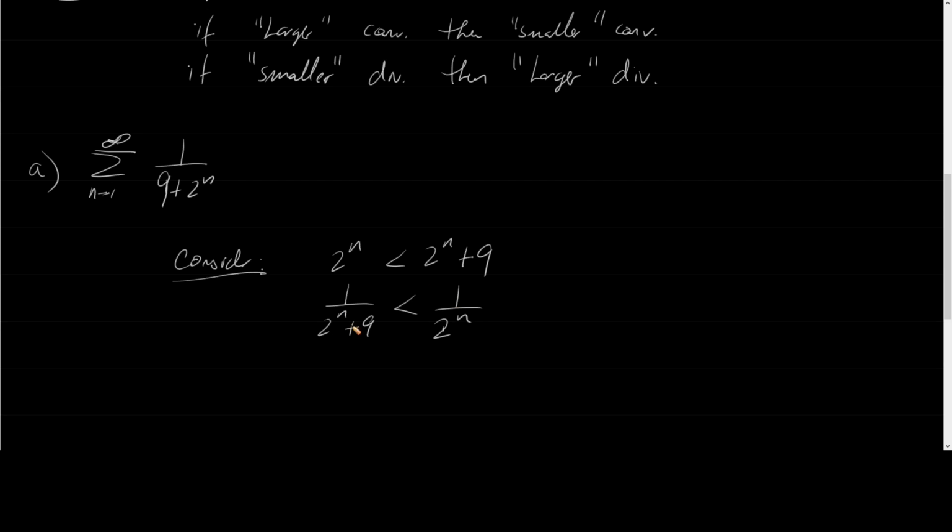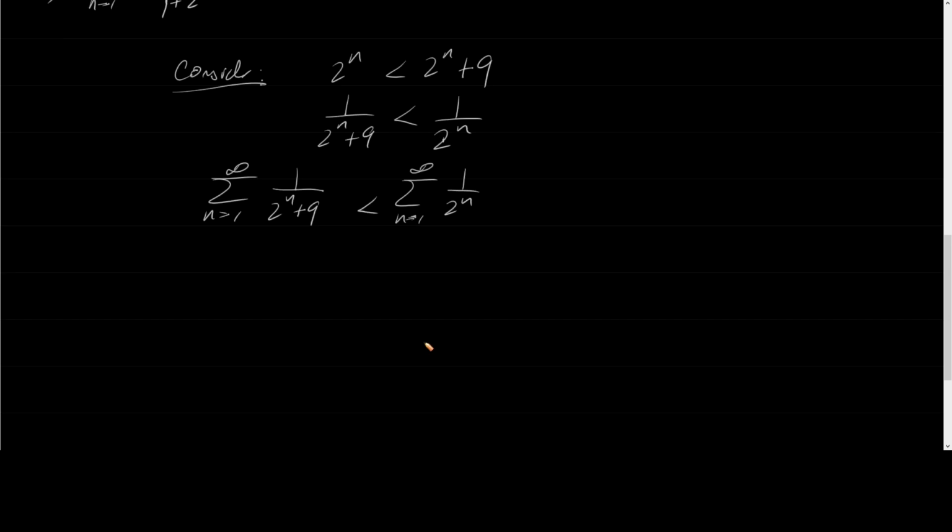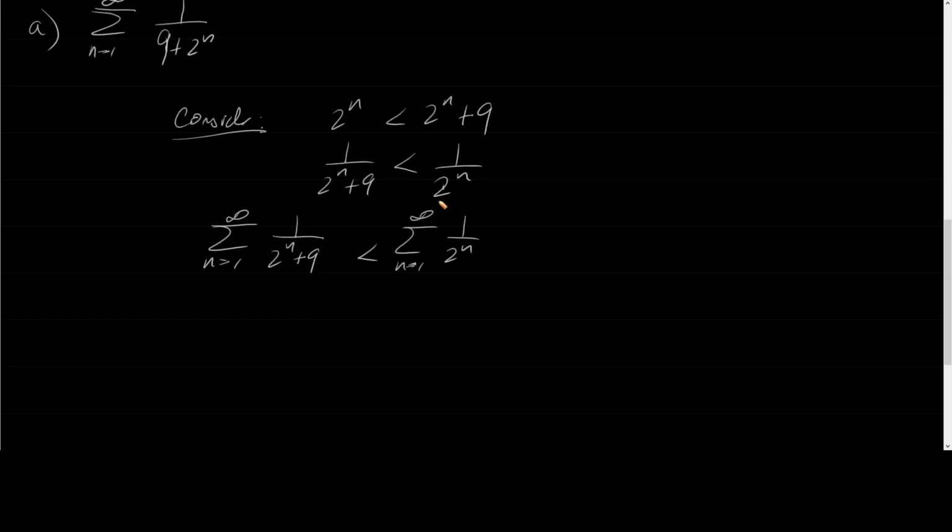What we're saying here is that the series from 1 to infinity of 1 over 2 to the n plus 9 is going to be less than the series of 1 over 2 to the n. And I should be going from 0 to infinity, because I'm working with a geometric series.